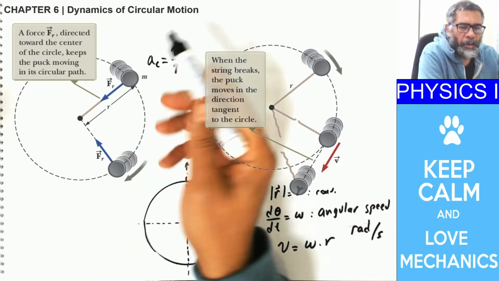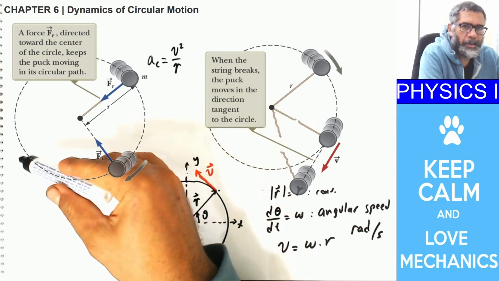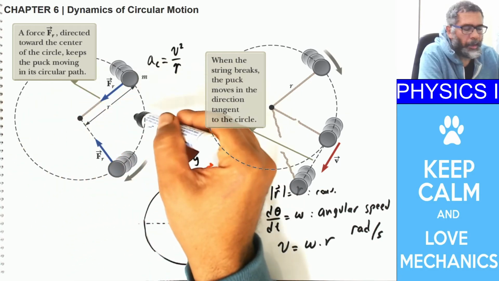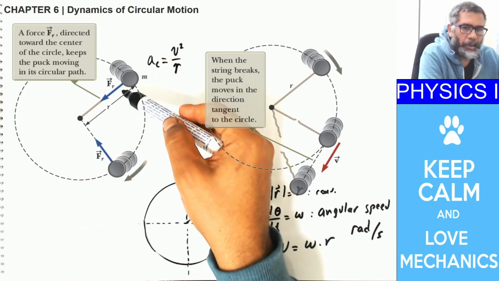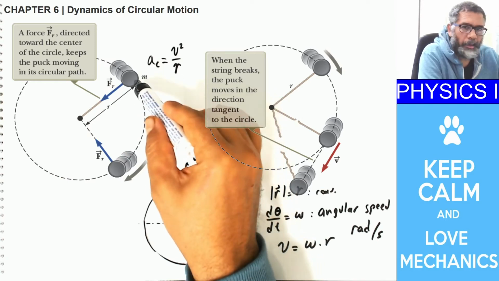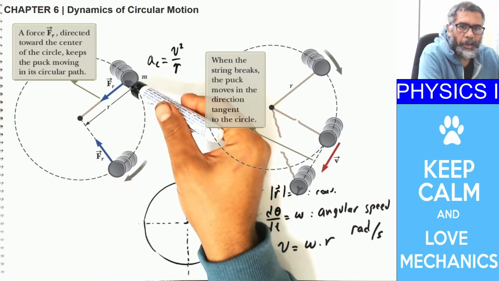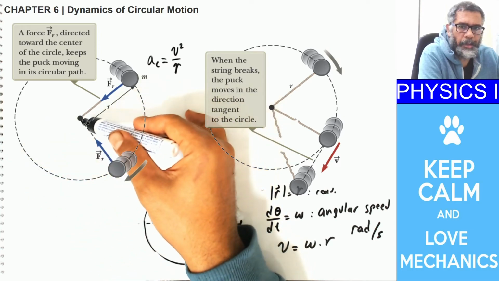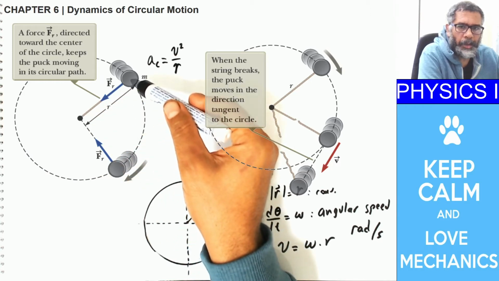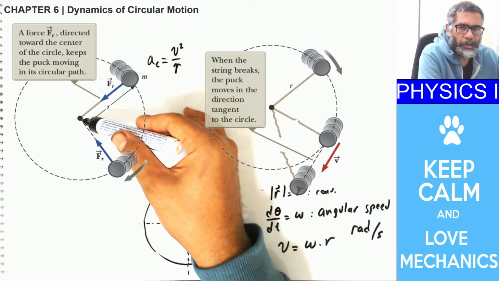So, I was discussing this motion of the puck in a uniform circular motion, and I said that in order to keep this puck on this circular track, we have to provide some tension on this string, which on one end is tied to the puck, and the other end of the string is fixed at the center of the circle.